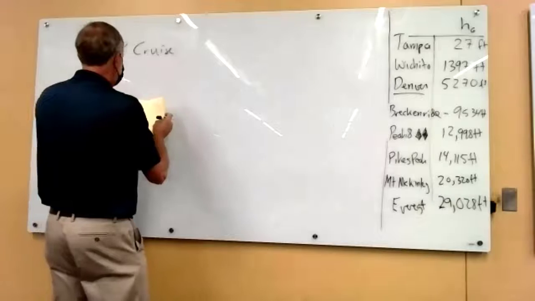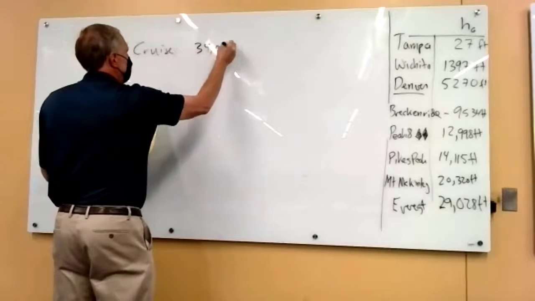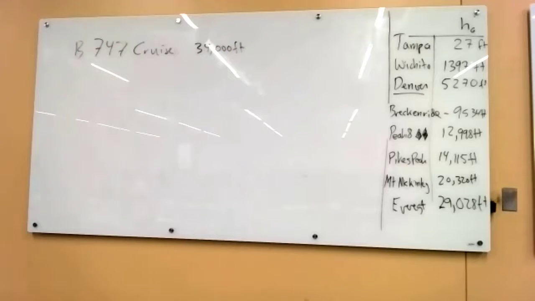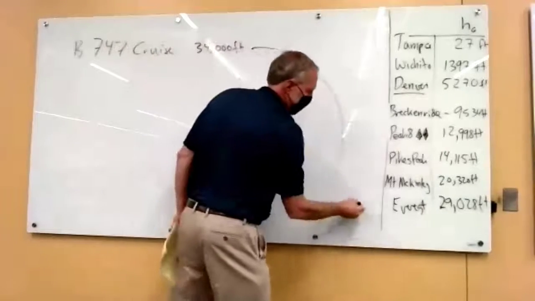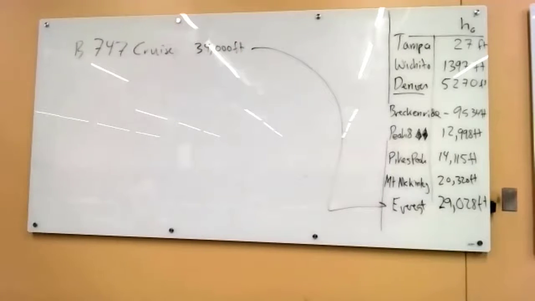So the Boeing typical cruise might be 33, 34,000 feet. Look at the altitude of this relative to the top of Mount Everest. It's pretty close, isn't it?